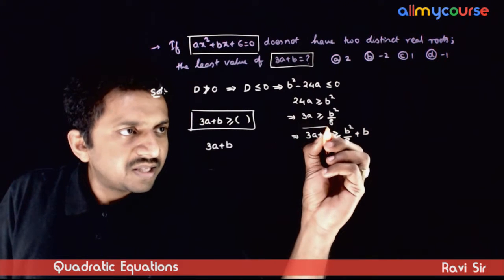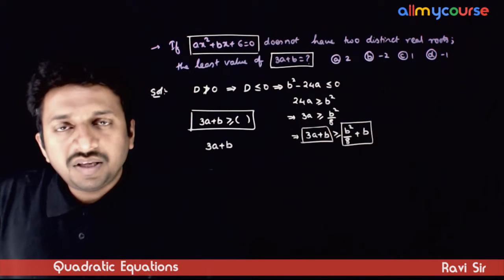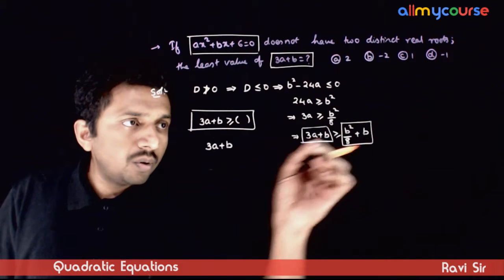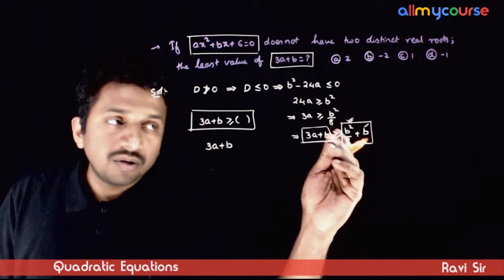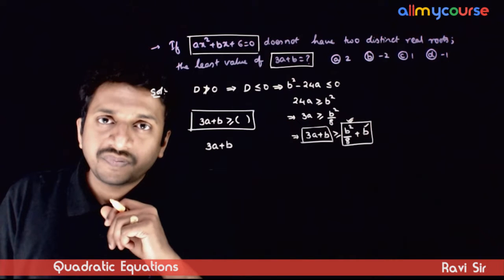So this 3a plus b is always greater than or equal to this expression, b square by 8 plus b, for different values of b.